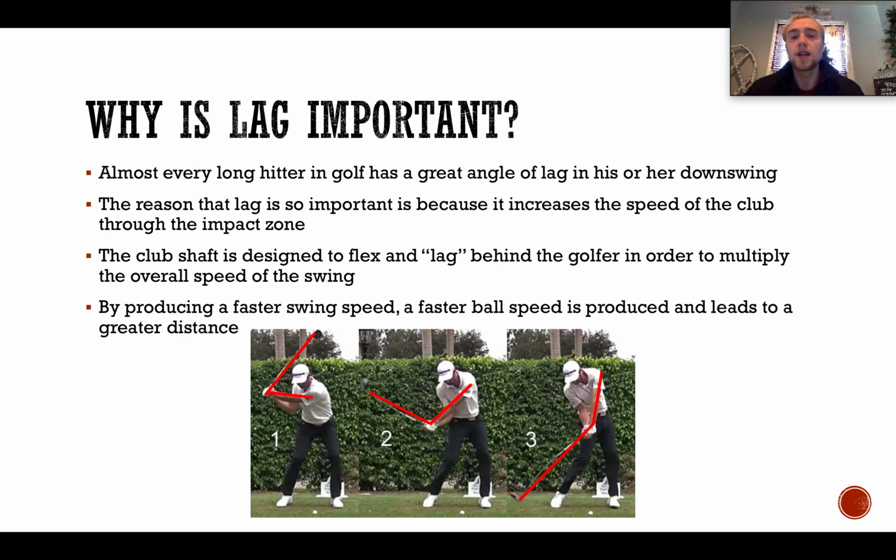And so by being able to produce a faster swing speed and a faster ball speed, it leads to you being able to hit it a longer distance. And as you can see here, this hitter is able to hold a great deal of lag through his entire golf swing.